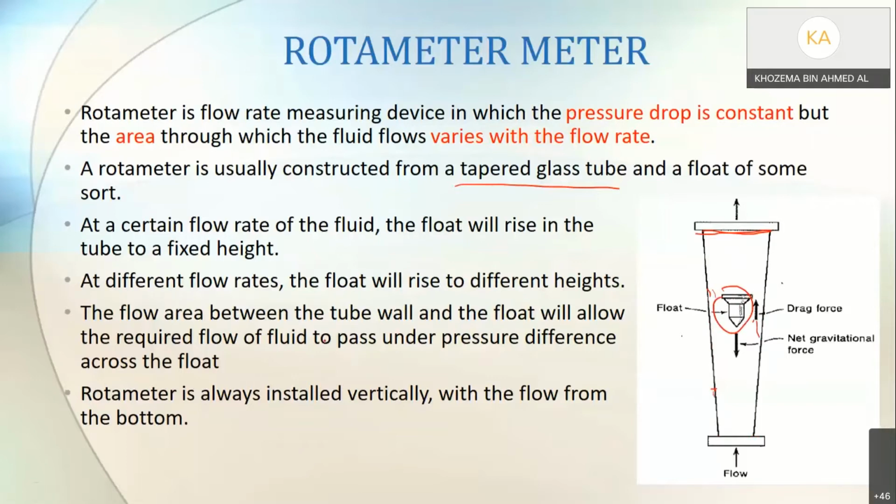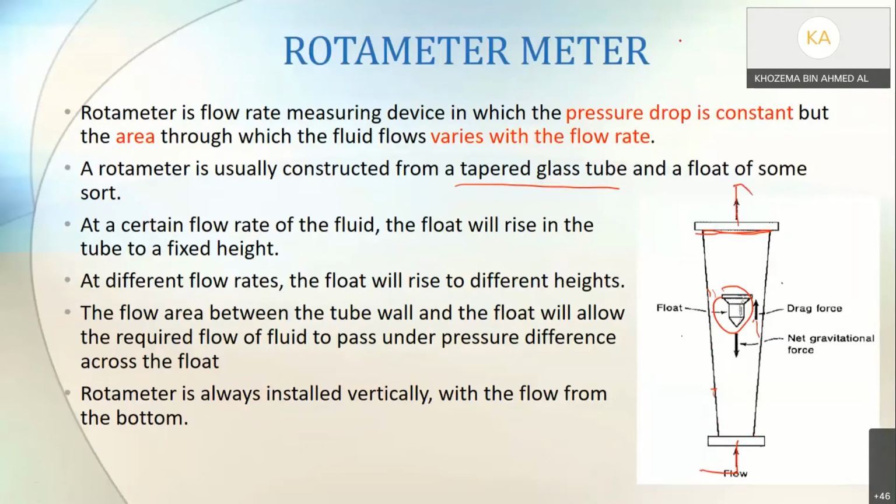Another big difference between the venturimeter, orifice meter, and the rotameter is that the rotameter must always be installed vertically, meaning that the flow will be from down to up.